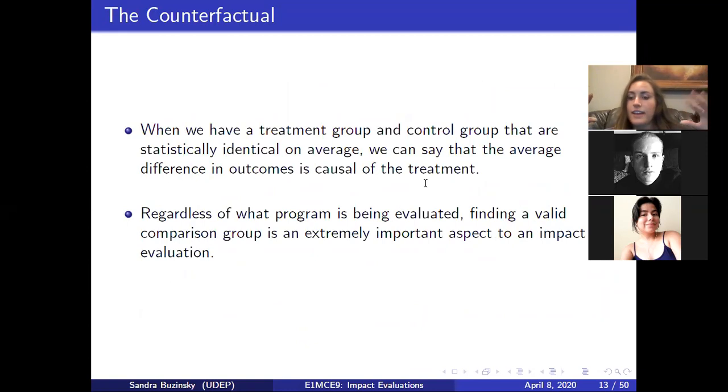So then any difference in the outcome between the treatment group and the control group can be attributed just to the treatment because nothing else differs between the two groups. So then there's no selection bias because they're identical on average. When they look the same, there's nothing different before, then you add a treatment to one group, the difference in the outcome can be attributed to the treatment.